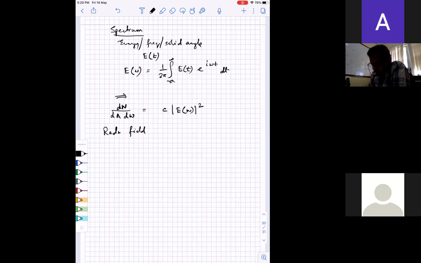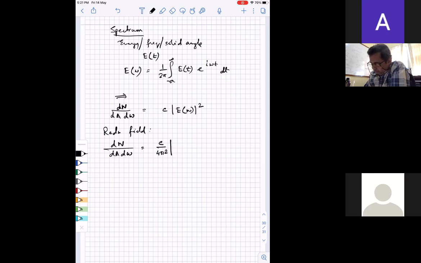So for the radiation field, we'll have c by 4 pi squared, because this 2 pi and 2 pi will give you a 4 pi squared. And then we'll have an integral, so let us write all these things carefully.